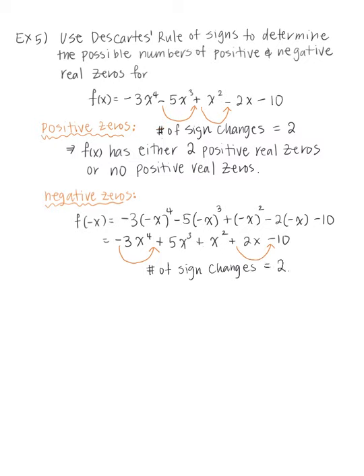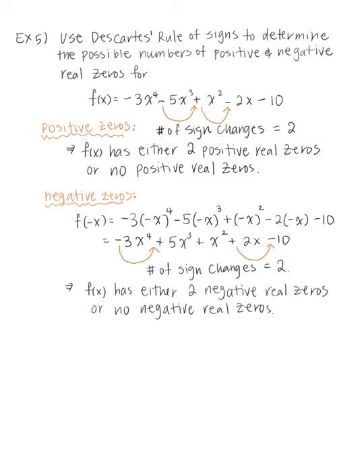All right, so that implies that f of x has either 2 negative real zeros or no negative real zeros. So this is what Descartes' rule of signs tells us. Now remember that if the degree of the polynomial is 4, that means we should have 4 real or complex zeros.